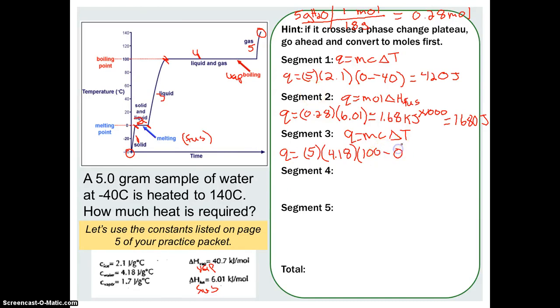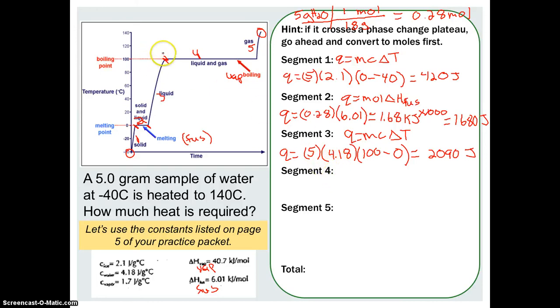And your initial will be where you started in this segment when you were done melting, which is 0 degrees. If I plug all of this in, I end up with 2,090 joules.